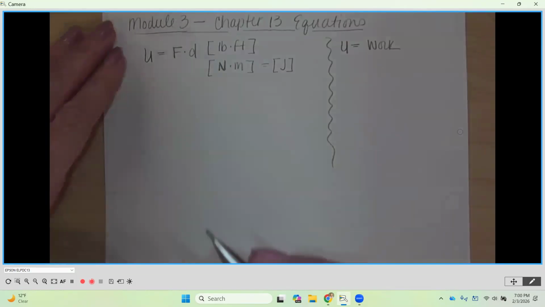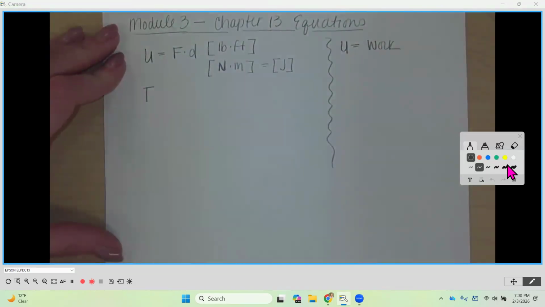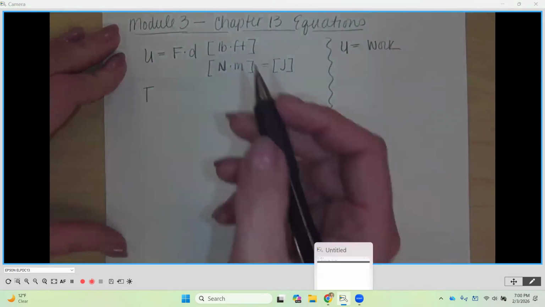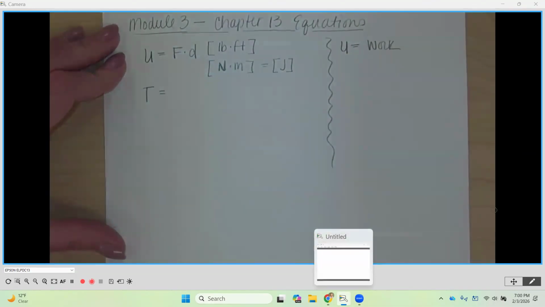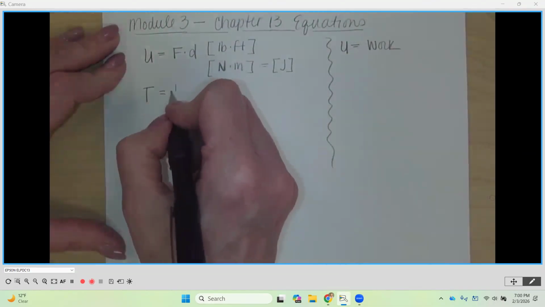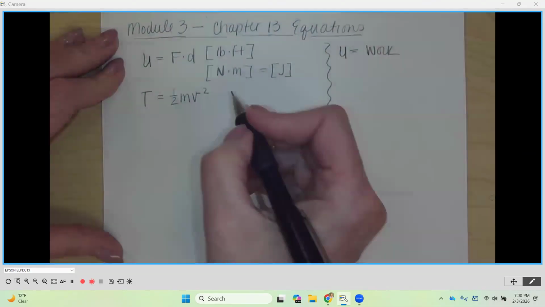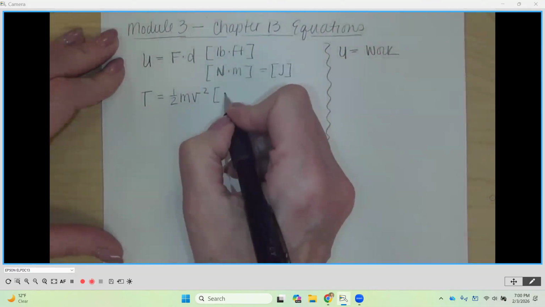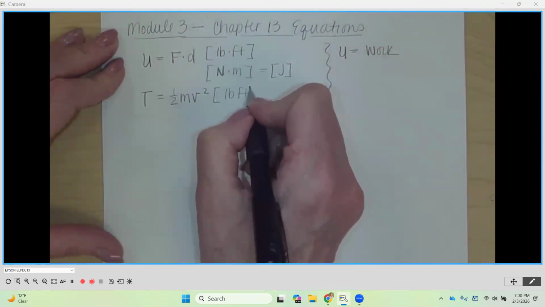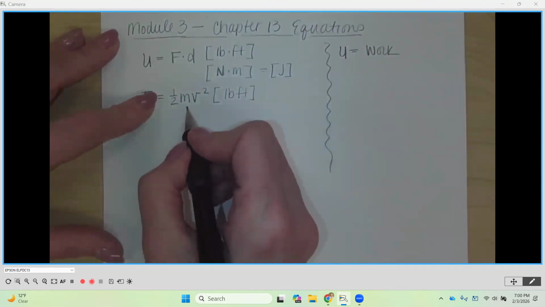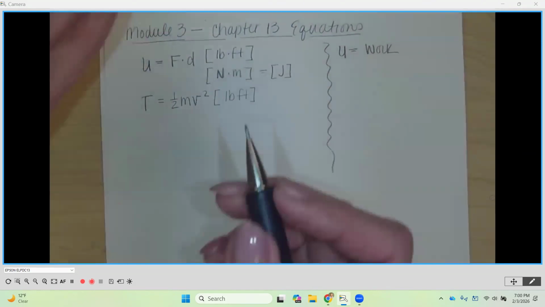Now, down below, we're going to use kinetic energy. Kinetic energy is capital T. Capital T is equal to 1/2 mv squared. So here I am going to be in pound feet, because, do you want me to expand it out?